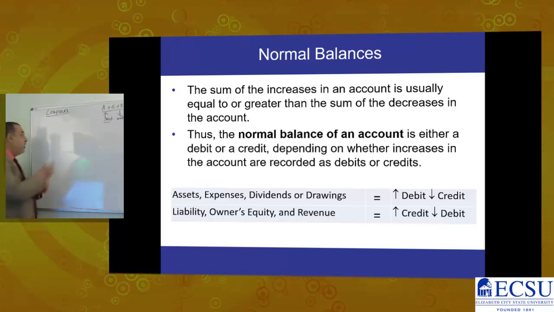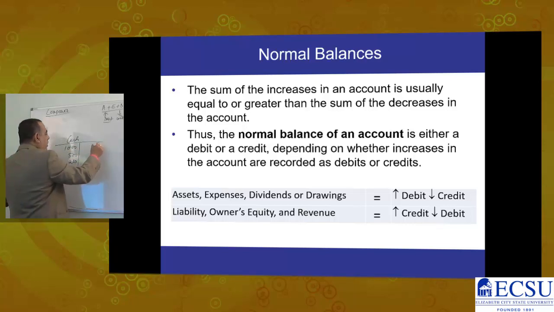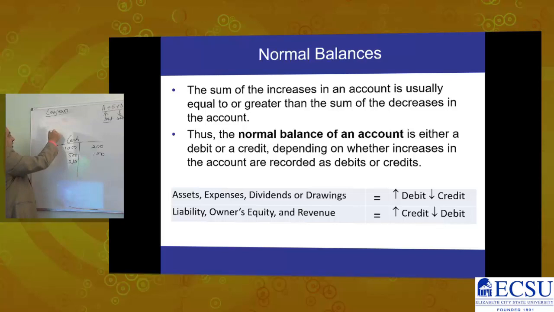Suppose I have a cash account and I have, let's say, 1,500 and 200 on the debit side, and let's say 200 and 100 on the credit side. The sum total on the debit side is 1,700 and this is 300. So what does it mean? It means the account has a balance of 1,400. So that's on the debit side.